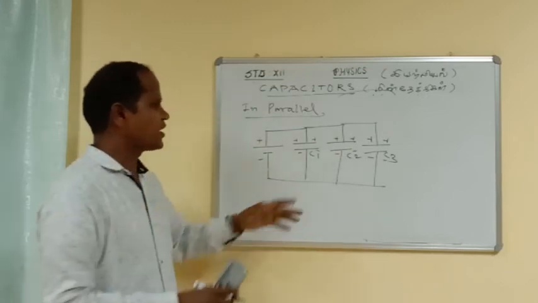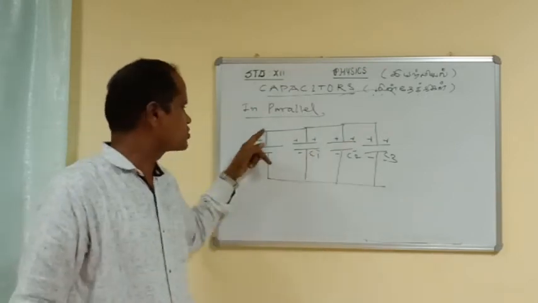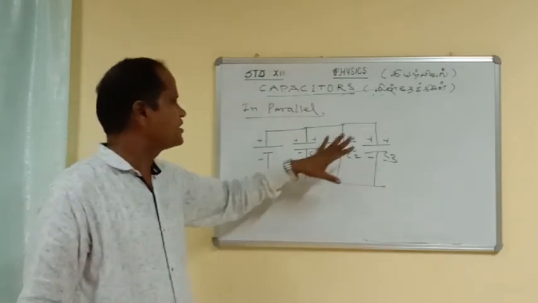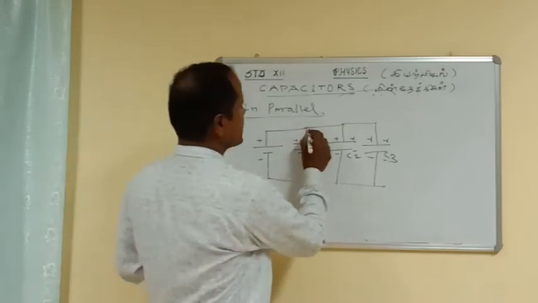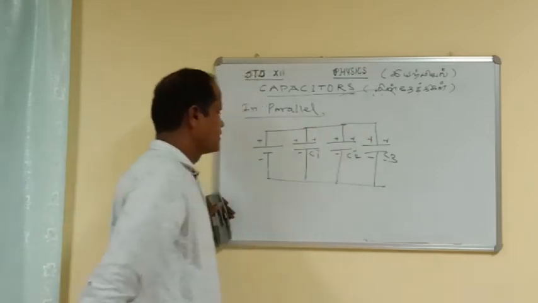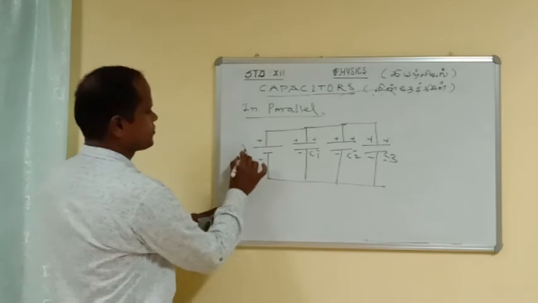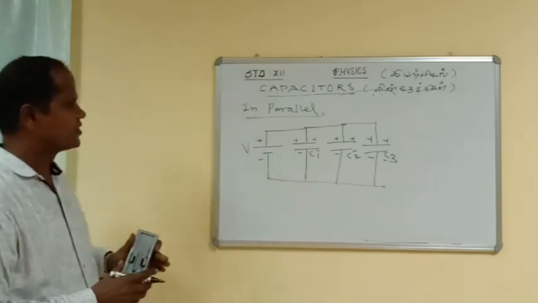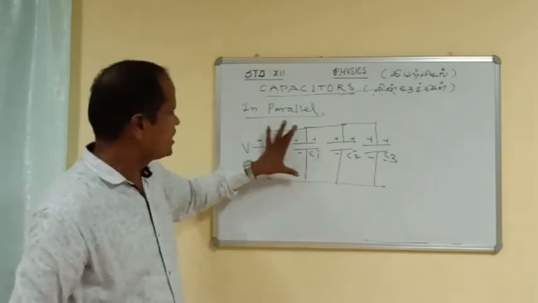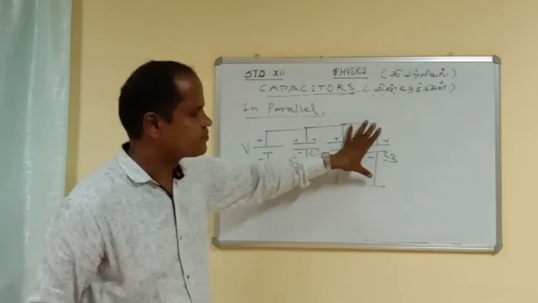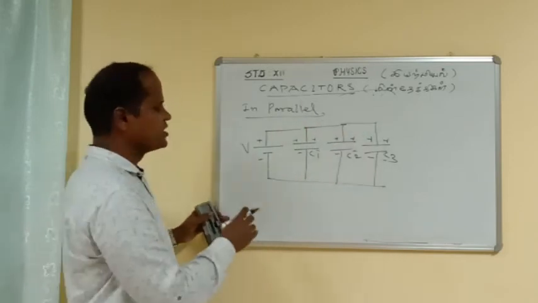If similar sides are connected to one terminal, then the type of combination is called a parallel combination. Here the voltage of the battery is V. The potential across each capacitor is the same, but the charge will be different.